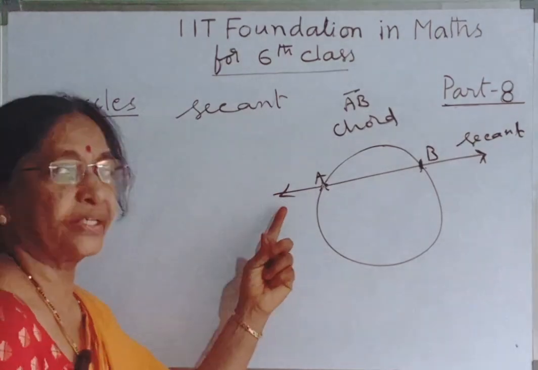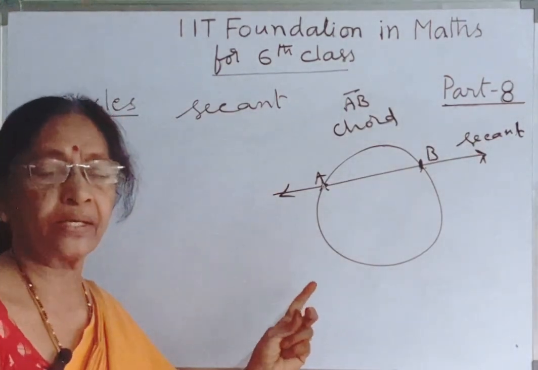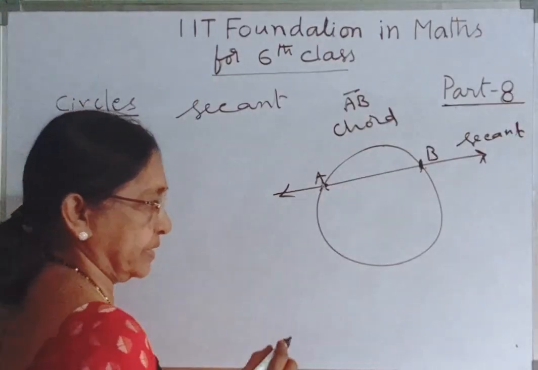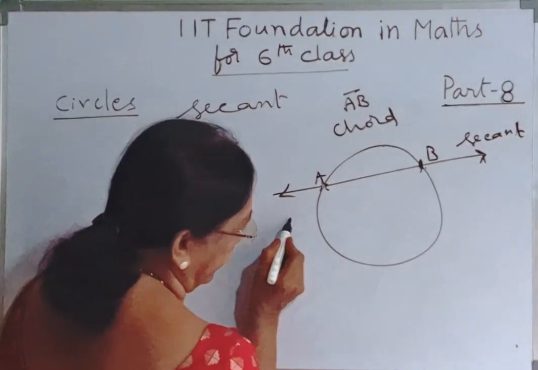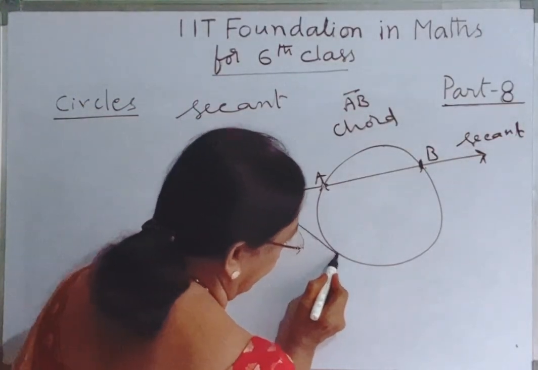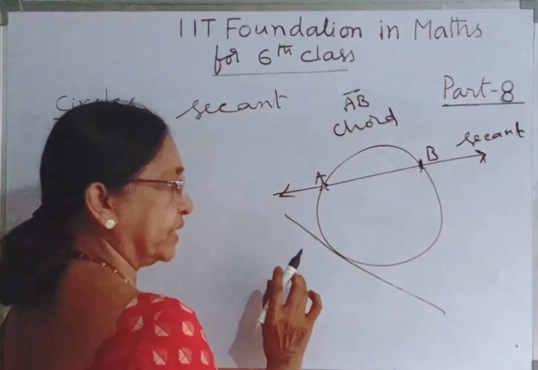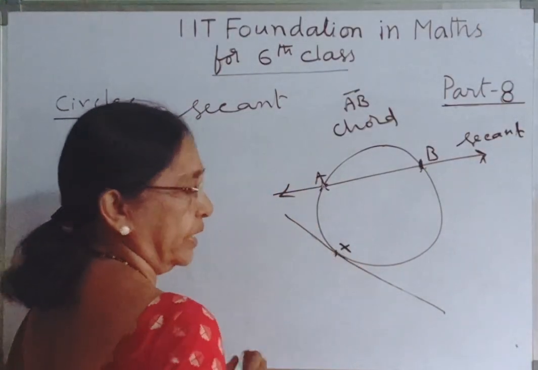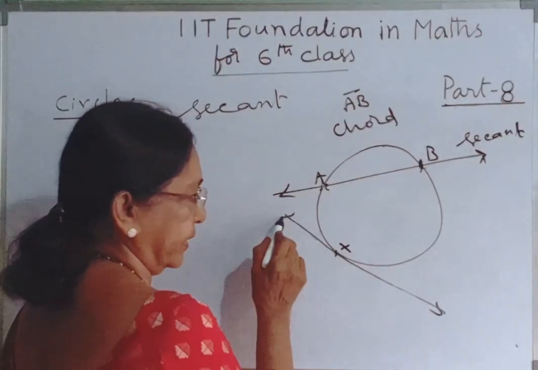If a line meets the circle at only one point, then that line is called a tangent. Suppose we take a line which meets the circle at only one point. Let us say this is a point X and this is a line.